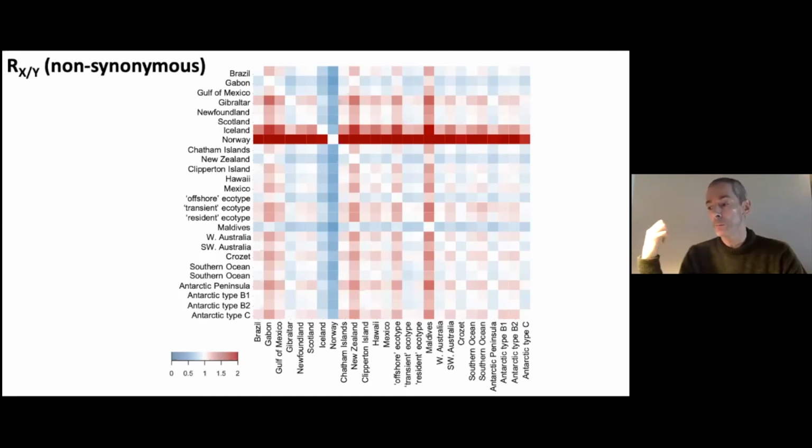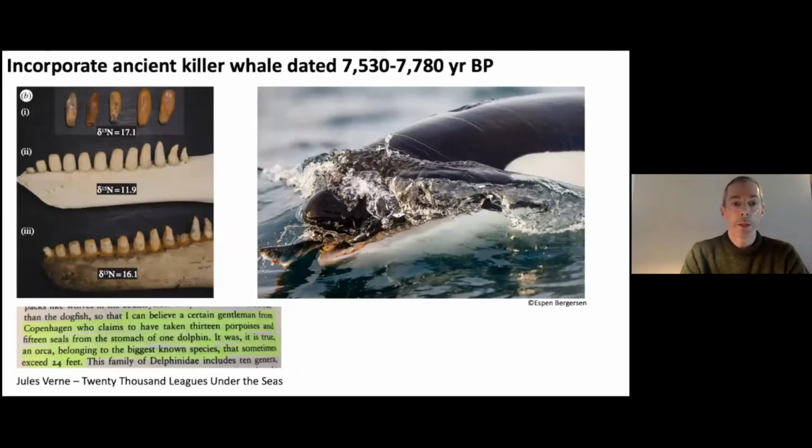Now that is an assumption that's likely not true in every case, but broadly speaking, it's probably going to be representative. Now, by having an ancient sample, we hope to pinpoint a little bit when this, what seems to be purifying selection and purging of non-synonymous mutations in the Norway and Iceland sample, happened.